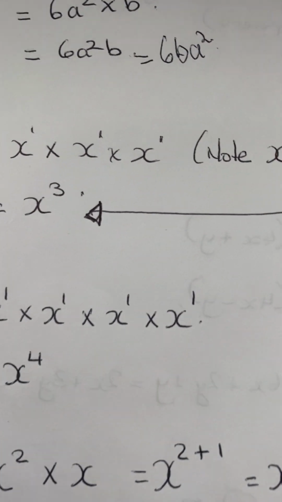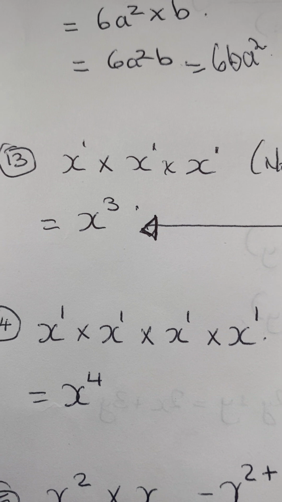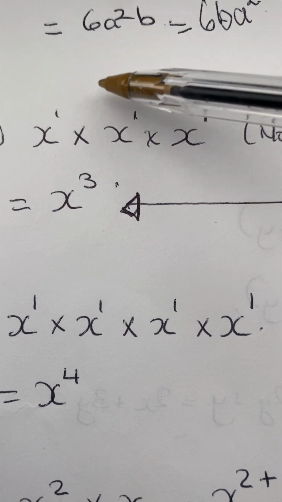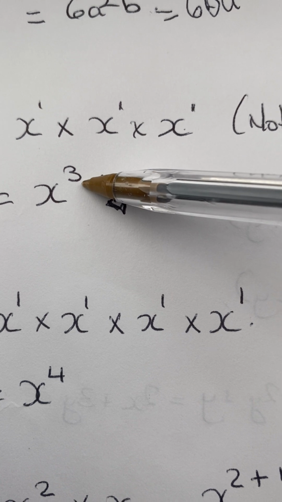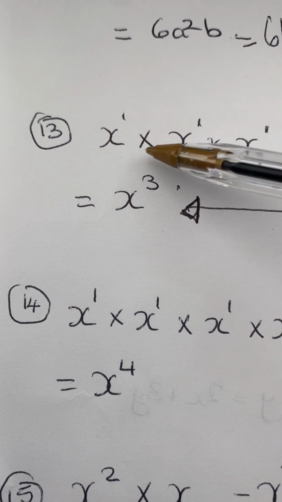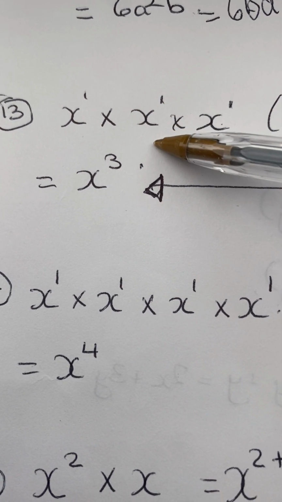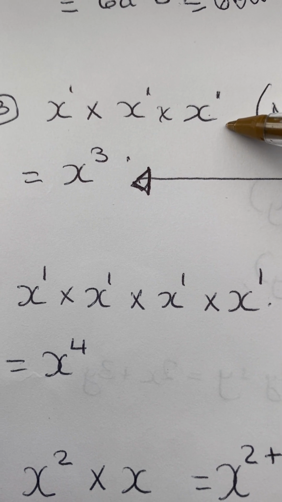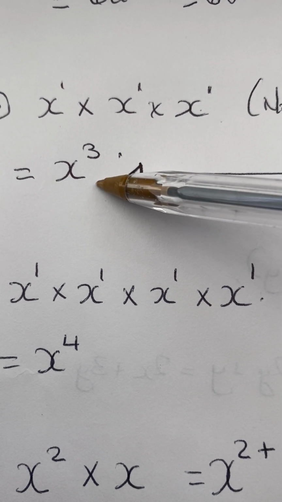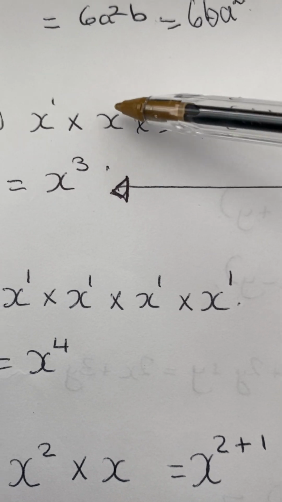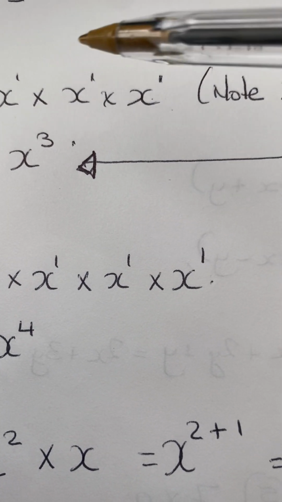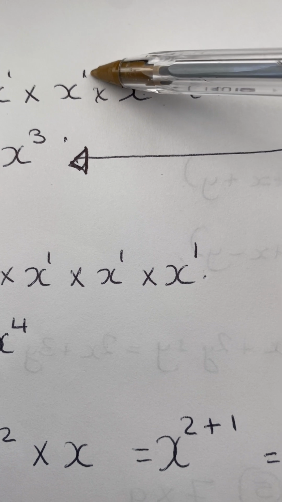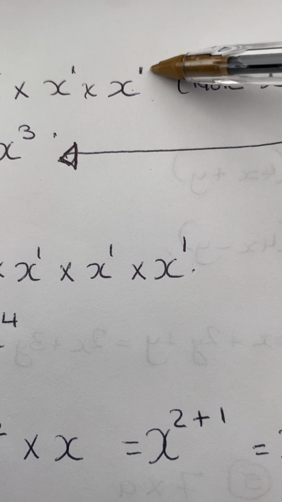Okay, now let's go to the next example. We saw earlier that a times a times a is a cubed. So here, x times x times x is x cubed. But I wanted to explain, x is the power of 1, another power of 1, another power of 1.